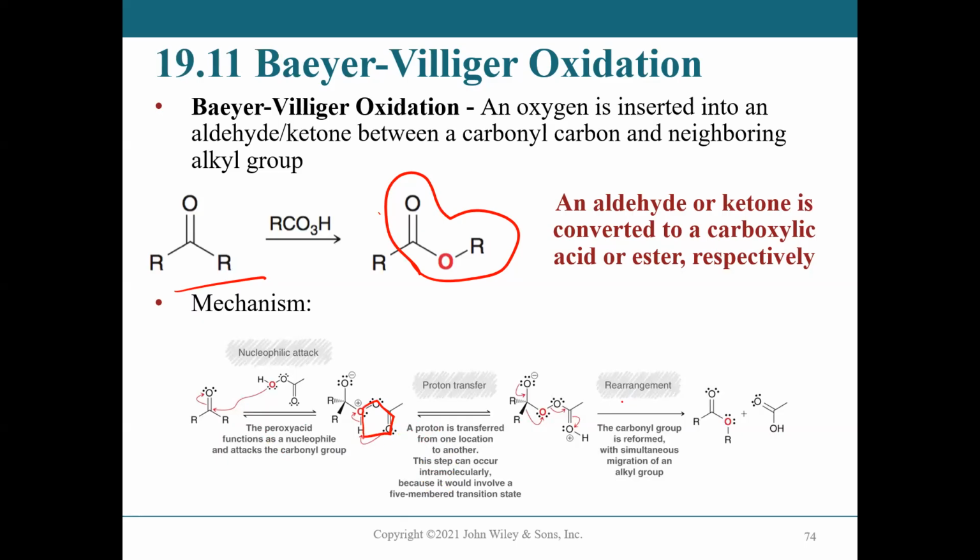Then we have a rearrangement. The carbonyl group is reformed with simultaneous migration of an alkyl group. And we get these products. So the peroxy acid right here attacks the carbonyl group of the ketone giving an intermediate, which can then undergo a proton transfer.